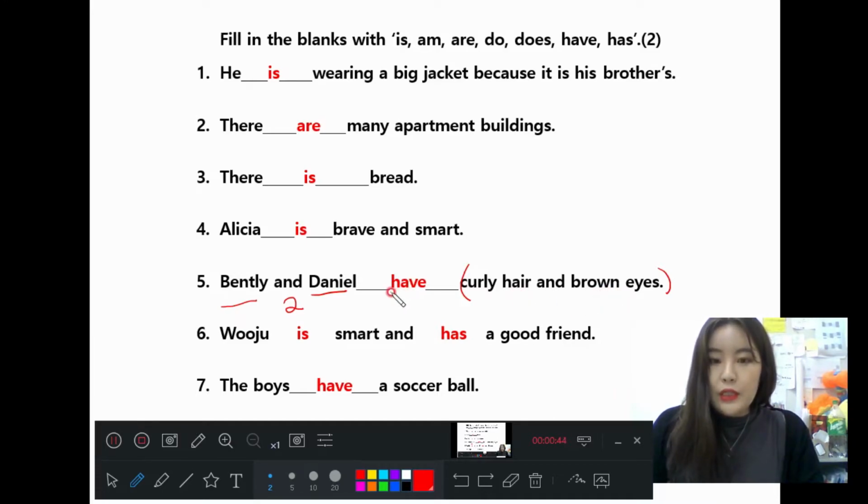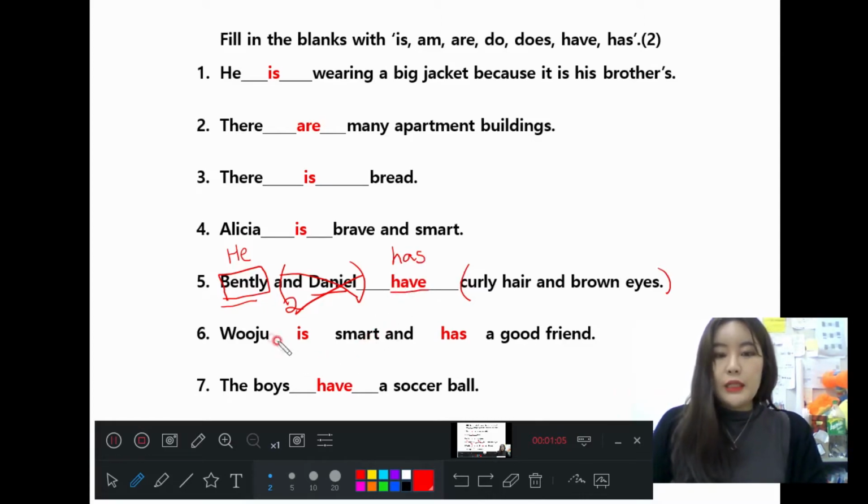So we are using have, not has. Let's assume that Daniel is not here, and if the subject is only Bentley, then it's gonna be he. Then this verb is going to be changed to has. Alright guys.